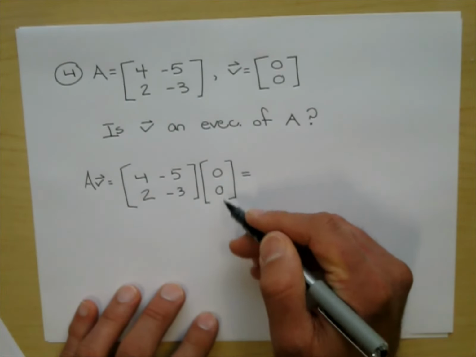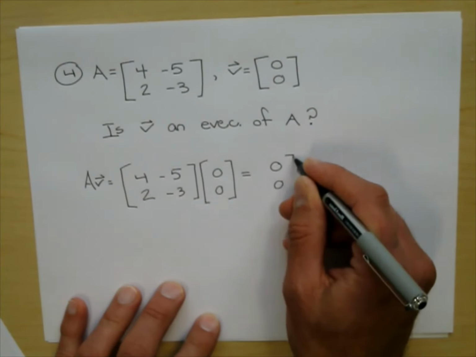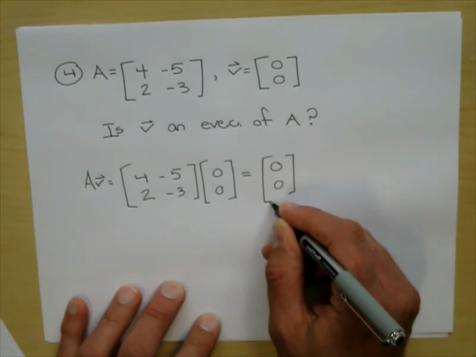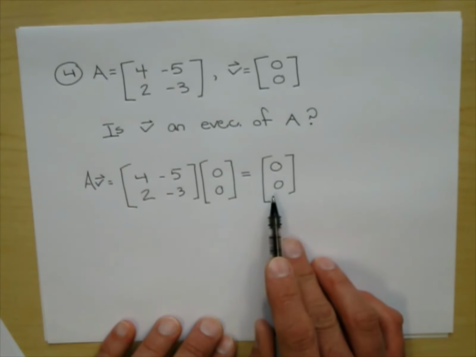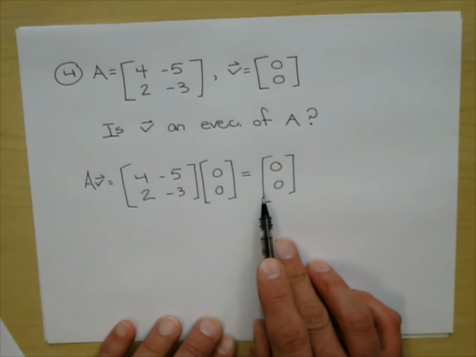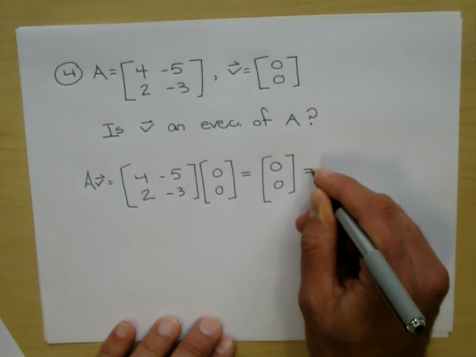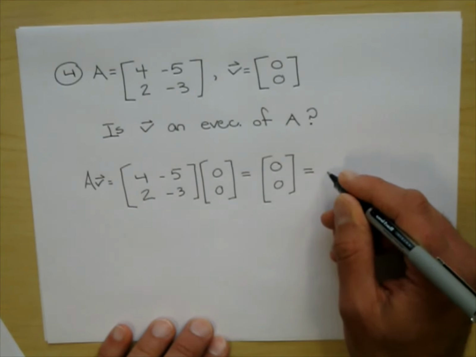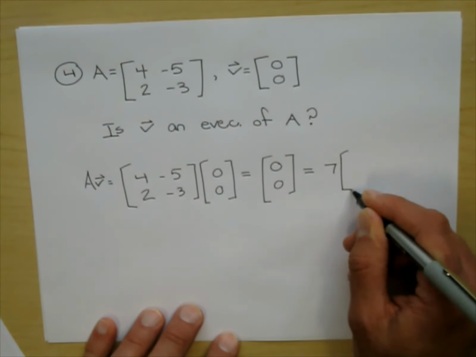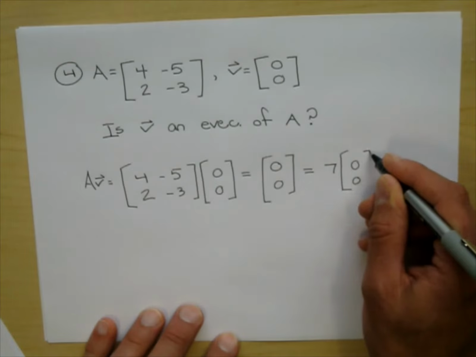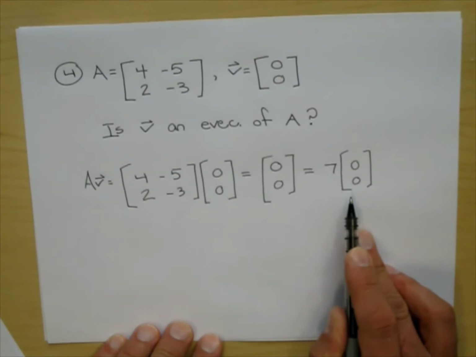This gives me 0 minus 0, so that's 0, and then this one is 0. So you might be thinking to yourself, look at this. This is actually vector V here. In fact, if we keep going with this, you could actually write this as 7 times 0, 0. Or 13 times 0, 0, or -pi times 0, 0.